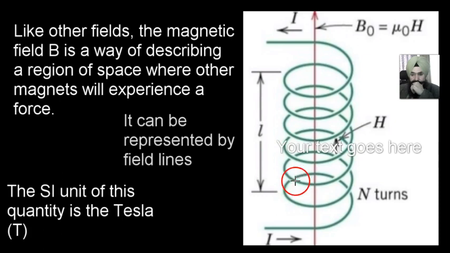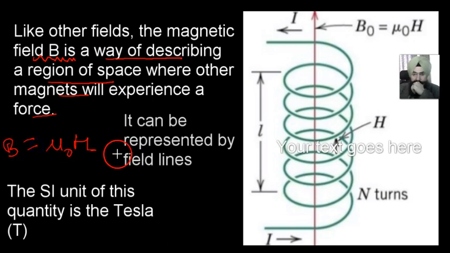Now the magnetic field B is a way of describing a region of space where another magnet will experience a force. You can define B like this. When H interacts with the free space, that becomes B. If you have some north pole here, some magnet here, it will experience a force.